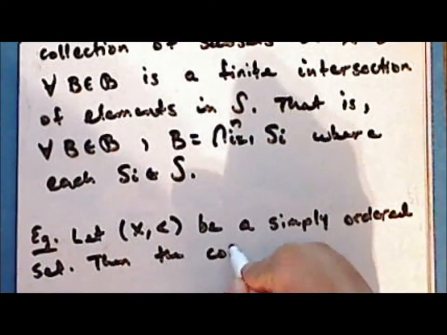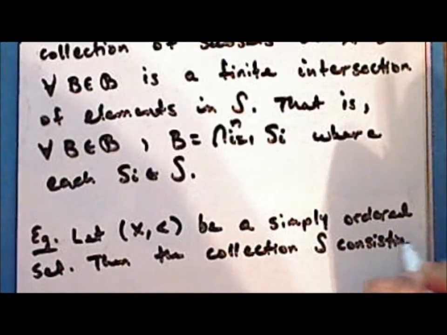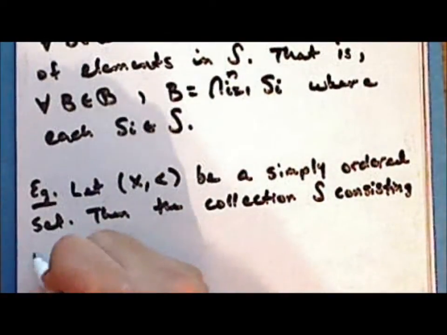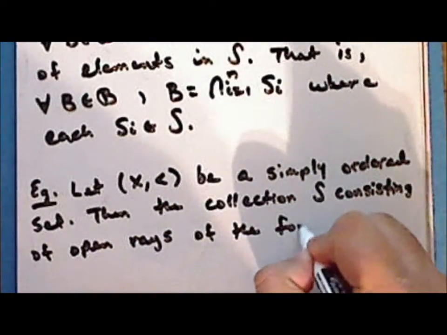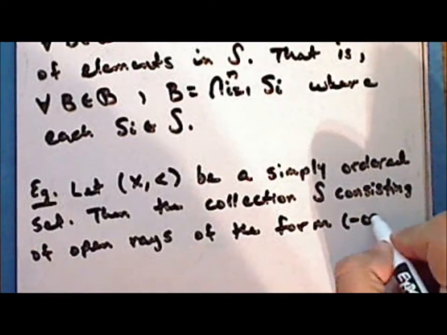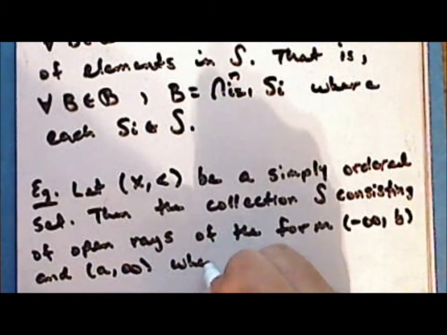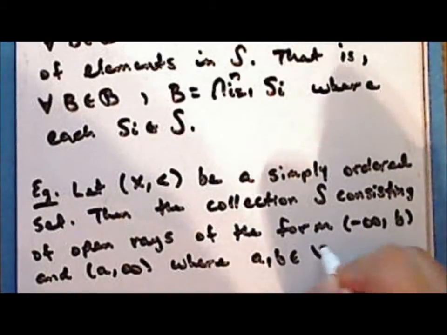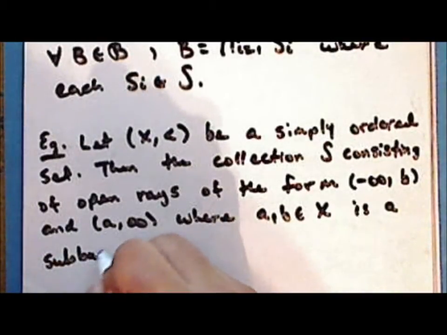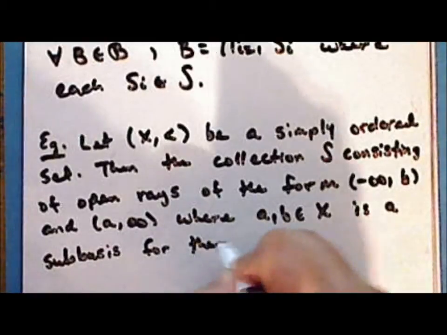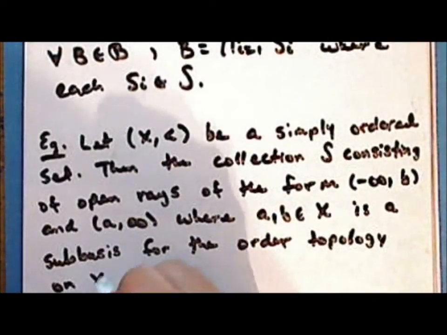Then the collection script S consisting of open rays of the form negative infinity to b and a to positive infinity, where a and b are elements in the set X, is a subbasis for the order topology on the set X.